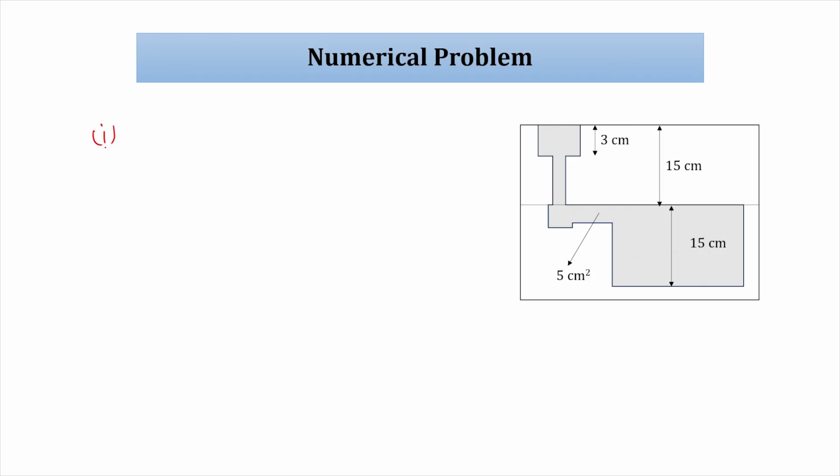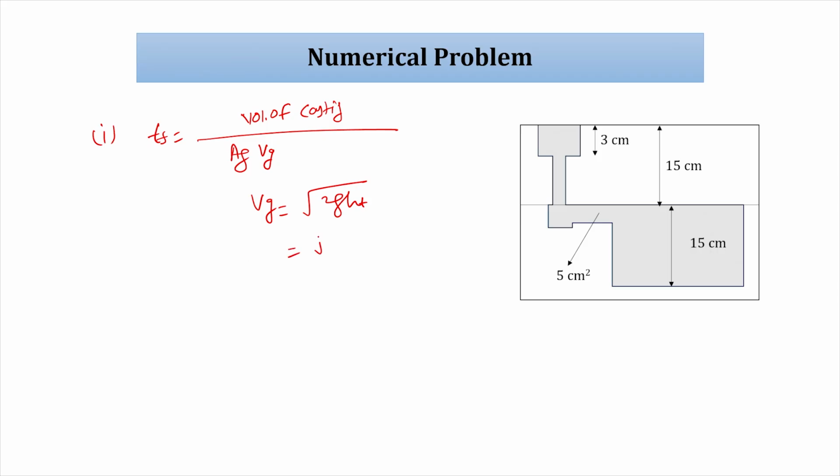In the first section we have already solved that: TF equal to volume of casting divided by AG into VG, and VG equal to root 2 G HT, isn't it? That is equal to root of 2 into 981 into HT, with HT equal to 15 cm.